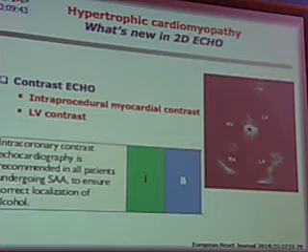And of course, on this slide, on the right side, you have the opportunity to see where the contrast is mostly accumulated. So you can see here where the contrast is accumulated, and we now have a clear understanding of where the alcohol ablation should work and should be focused.